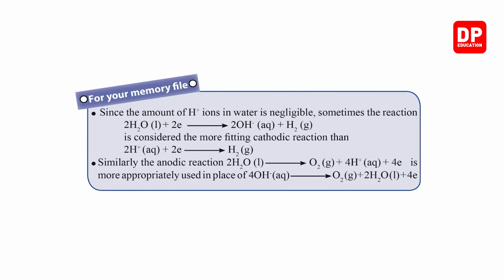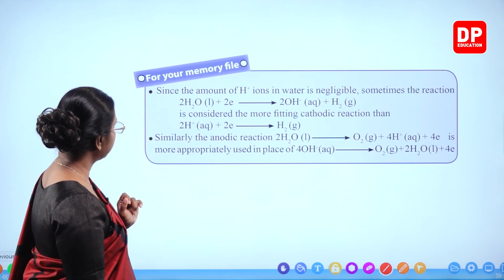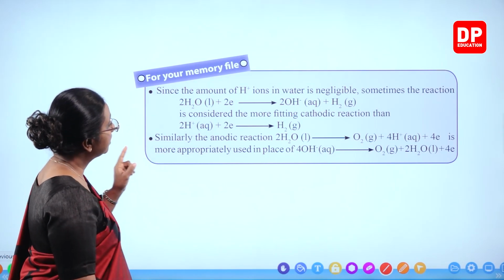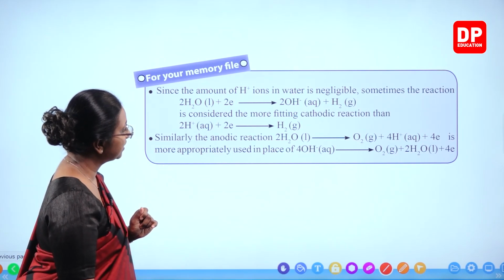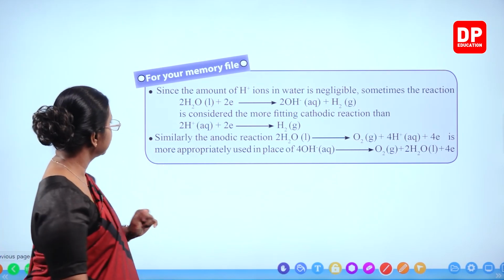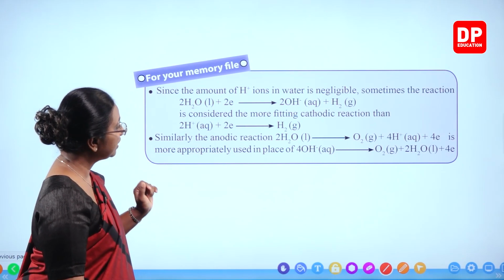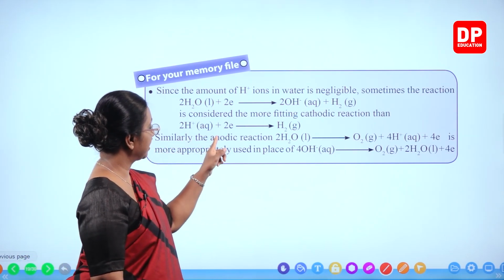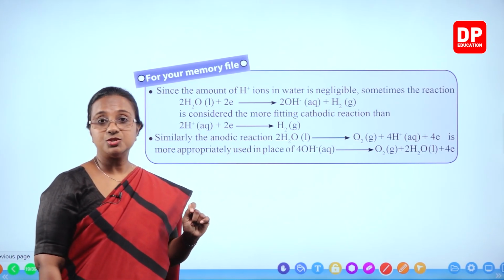So, this is for your memory file. Since the amount of H plus ions in water is negligible, sometimes the reaction 2H2O liquid plus 2 electrons giving rise to 2OH minus aqueous and H2 gas is considered the more fitting cathodic reaction than 2H plus aqueous plus 2 electrons giving rise to H2 gas.